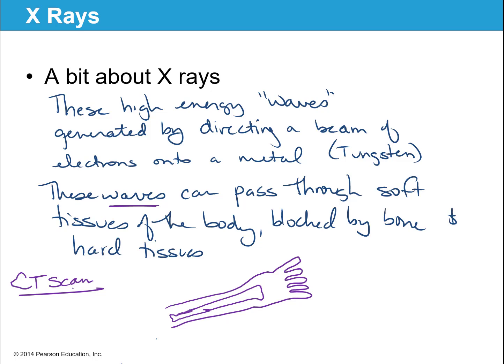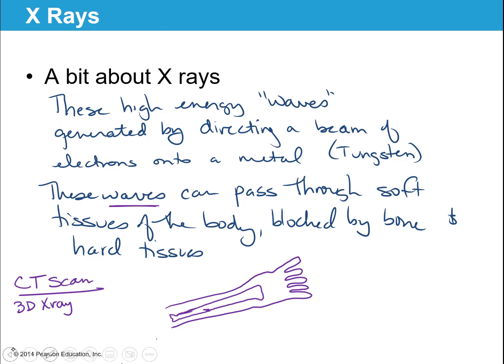It used to be really difficult to see, but now you can lighten and darken, you can change the brightness on an X-ray and pick up things that you were never able to pick up before. So a CT scan is really just a 3D X-ray. But that's all it's doing: this energy, a lot like a gamma ray, passes through soft tissue but gets blocked by bone and exposes a film.